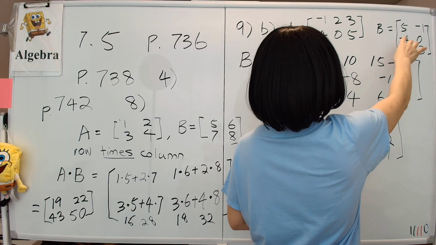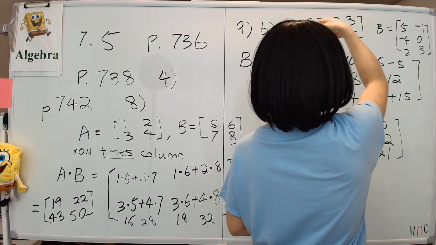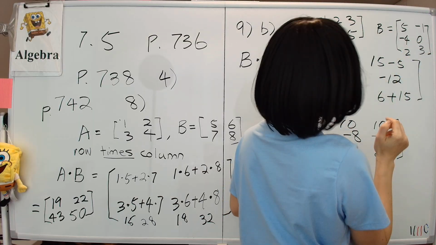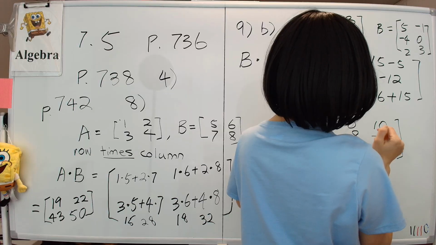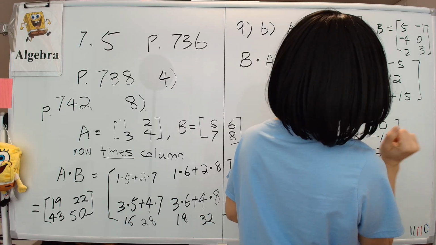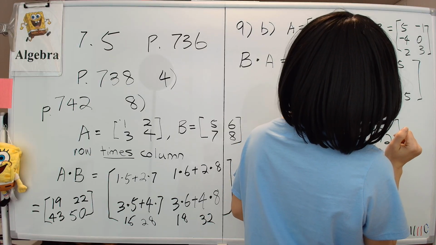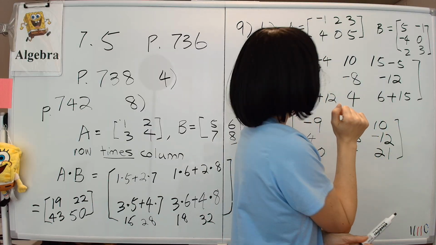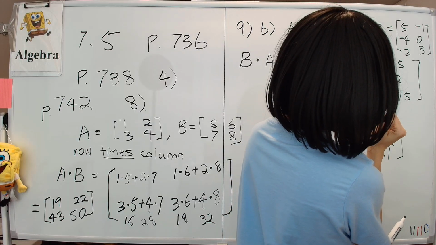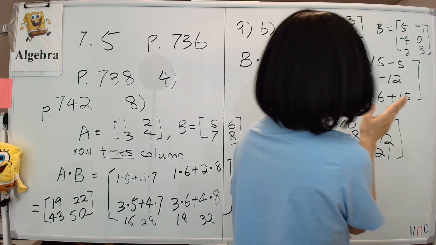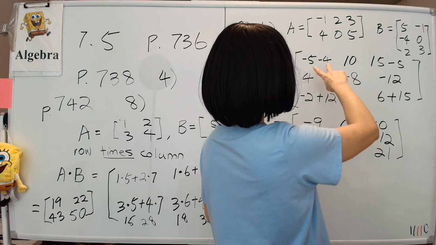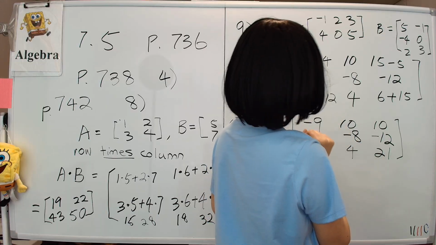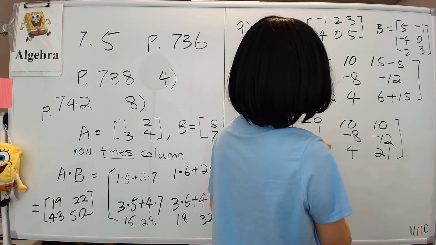That is, this is the first row times the first column, first row times second column, and first row times third column. I'm not sure where exactly they intersect in this case, but the point is, you take the row times the column, and then you follow it down like this.